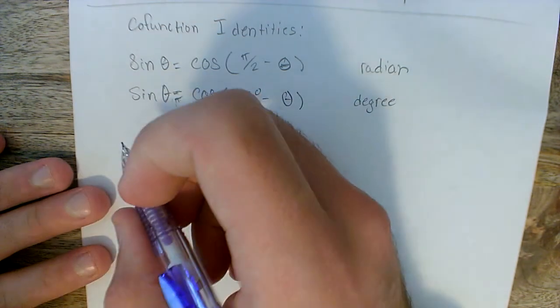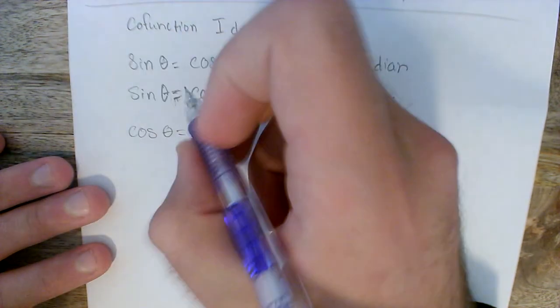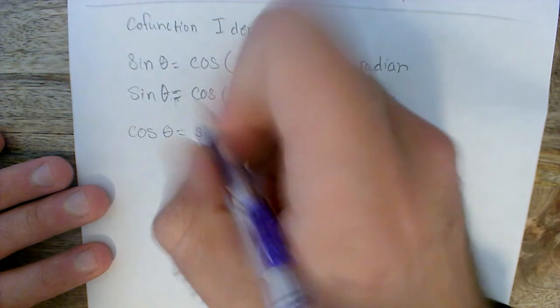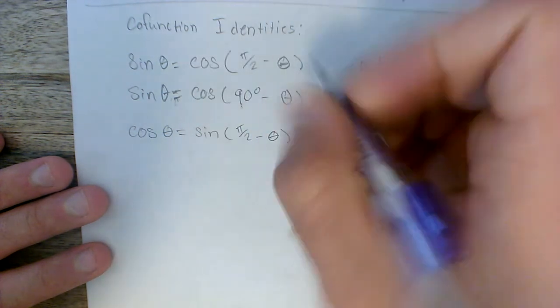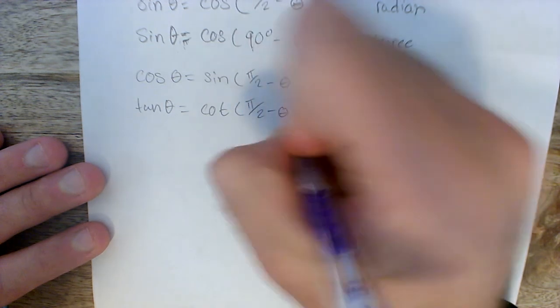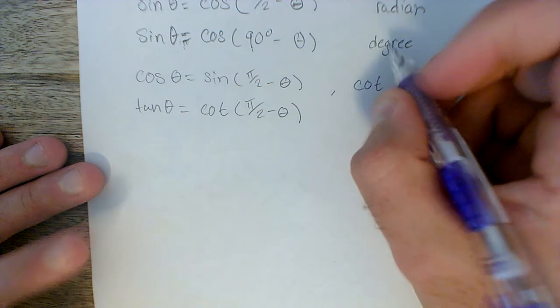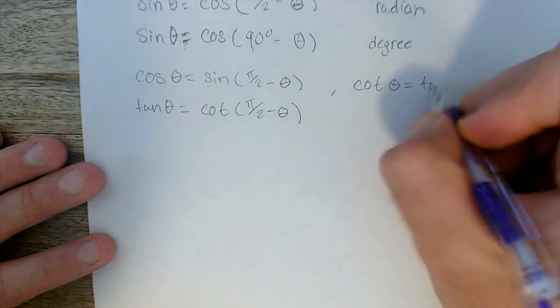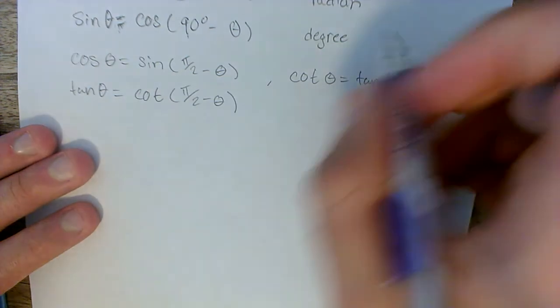Okay, so some other ones are, cosine of theta is equal to the sine of pi over 2 minus theta. Again, that's in radians. The tangent of theta is equal to the cotangent of pi over 2 minus theta. The cotangent of theta is equal to the tangent of pi over 2 minus theta.